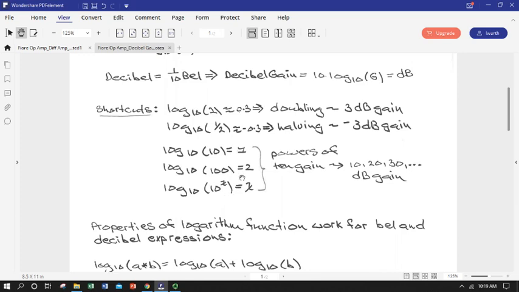So this is the general expression for log base 10, and x is what you'd have to raise 10 to get what's in here, so that would be 10 to the x. So you can refer to this in trying to remember what logs and anti-logs are.